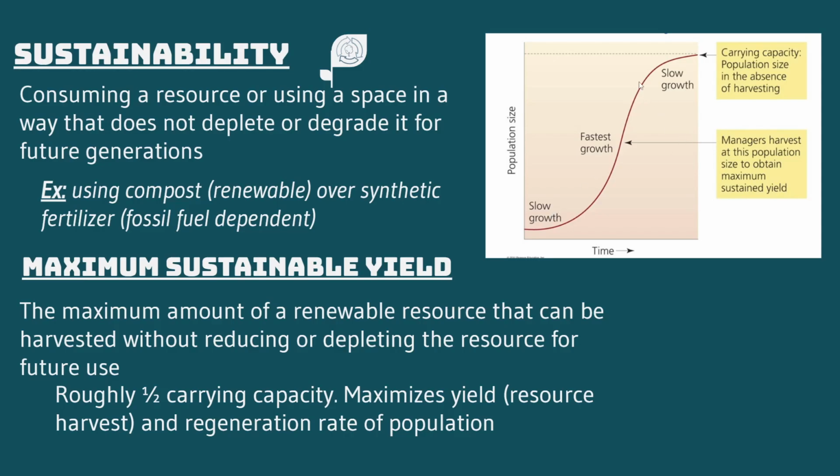If we harvest the resource up here, then we're not taking very much of it, so we are probably not going to be profitable, and we're also going to experience really slow regrowth. If we harvest it at about 50% of its carrying capacity, we're not going to threaten its future use, we're not going to deplete it, and it's also going to regrow at a really fast rate because we're harvesting it at about 50% of its carrying capacity, where its growth rate is naturally quite high.